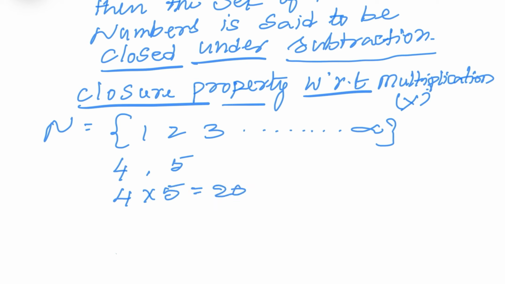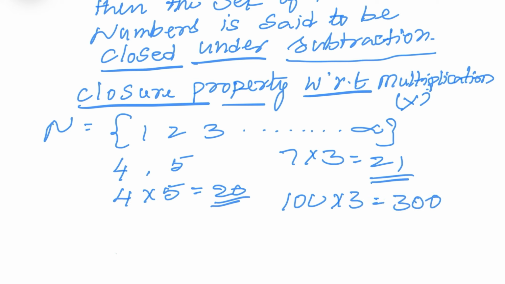With any two natural numbers you take, 7 into 3 is 21. The result is found in the set of natural numbers, 20 or 21. For example, 100 is a natural number, and 100 into 3 is equal to 300, which is also a natural number. So without any doubt, we can understand that natural numbers are closed under multiplication.